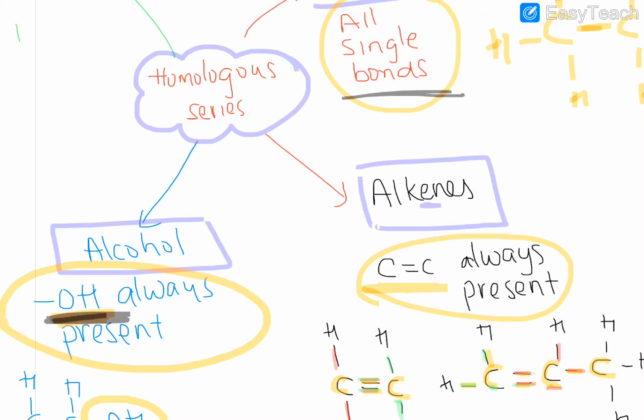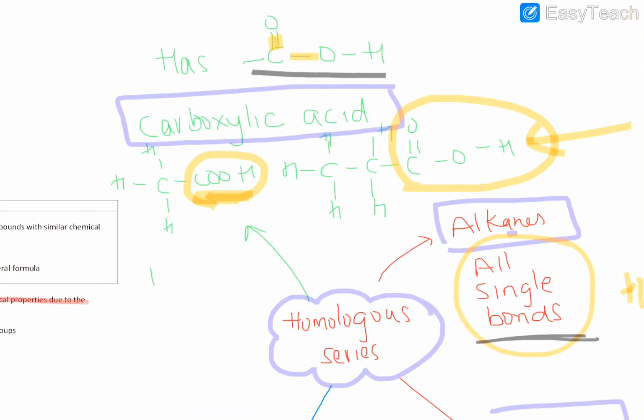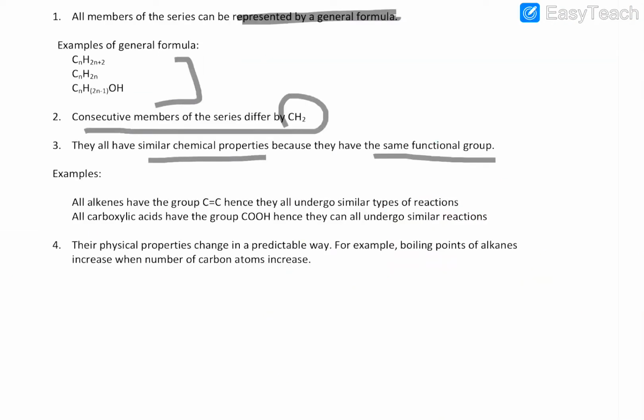So because of that OH, because of that C double bond C, because of that COOH, they will undergo specific reactions. So because they have the same functional group, they will undergo similar chemical reactions. So all double bond C will undergo similar reactions.